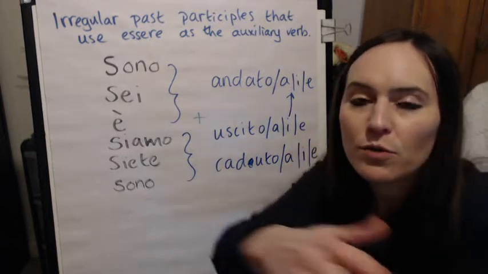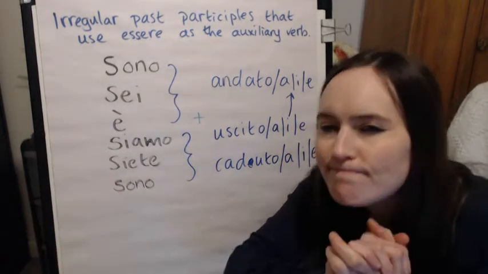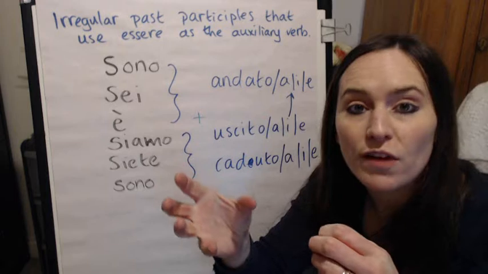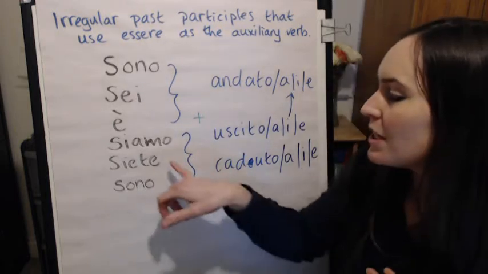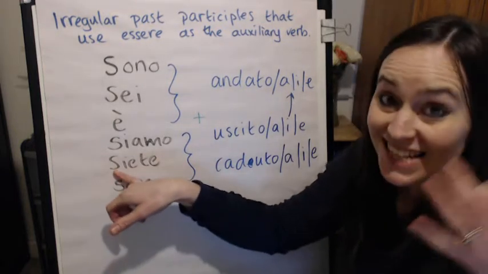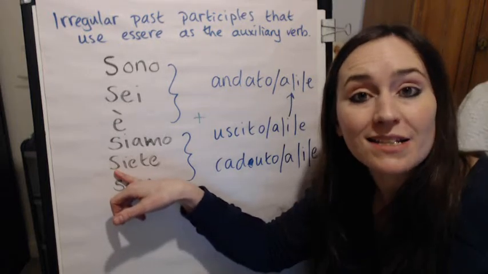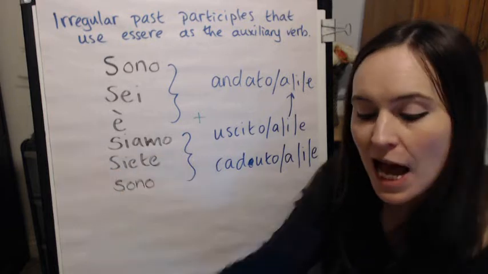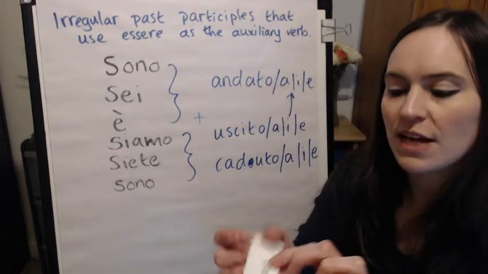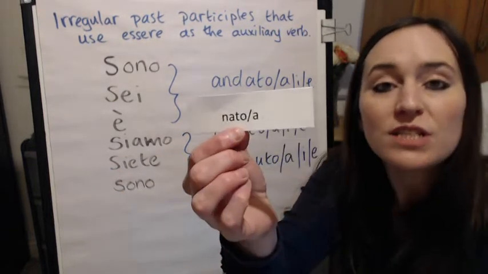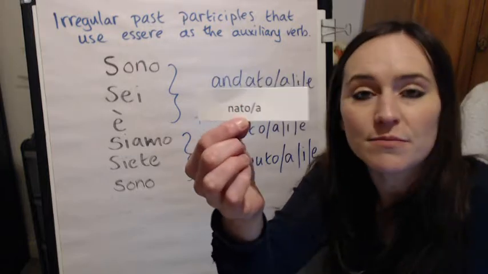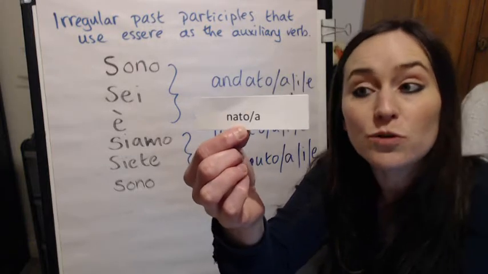So where were you guys born? What would change there? Dove stays the same, that means where. You'd use siete, which is the voi form of the auxiliary verb essere, and then nato would have to agree with the gender and number. So I'm assuming that there are men in the audience and it's the plural.